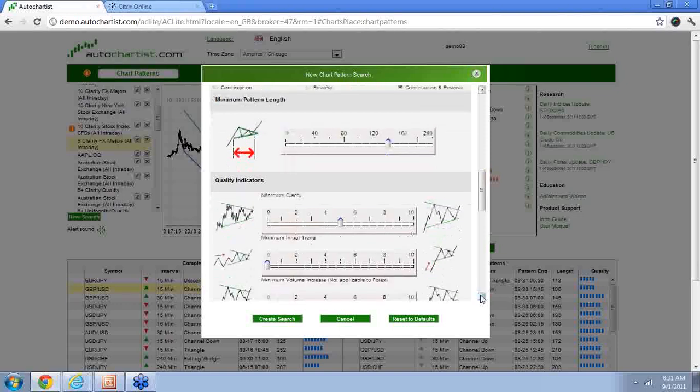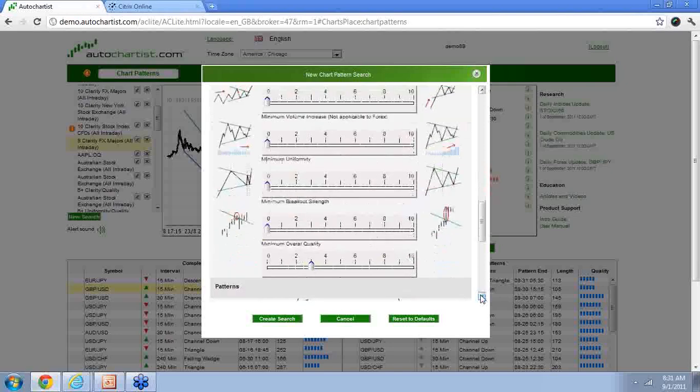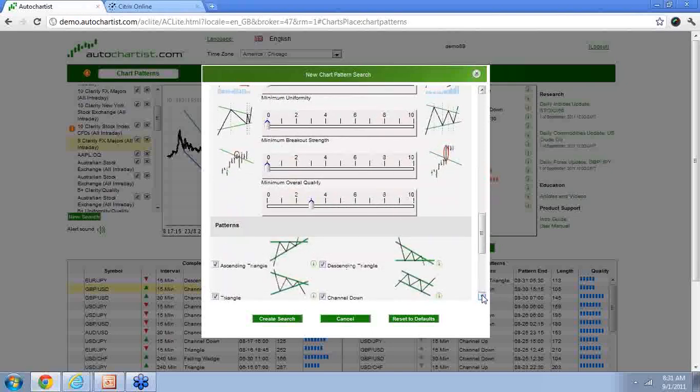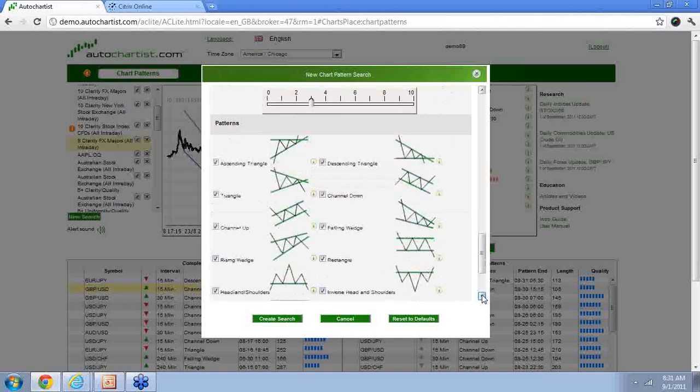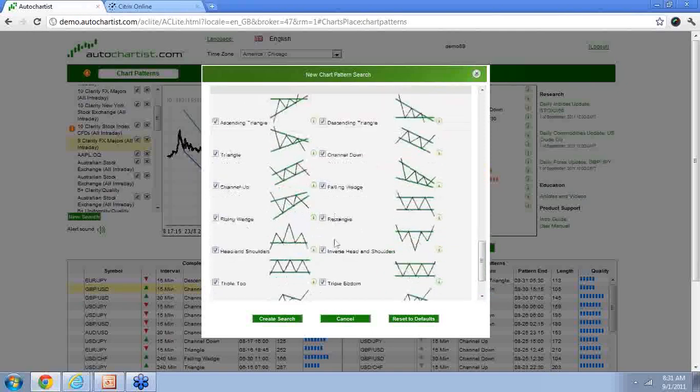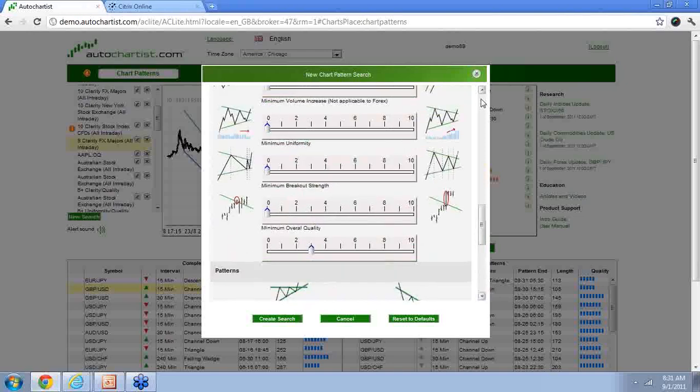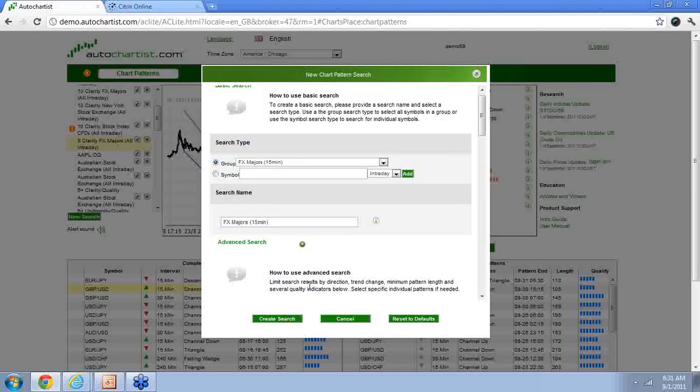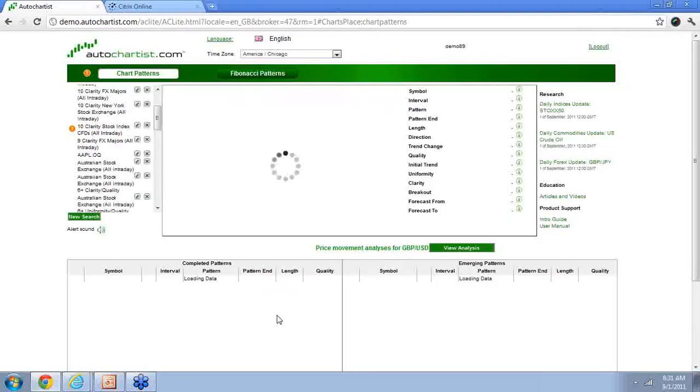I also have the choice to work with other indicators as I see fit, and we'll talk about those at other webinars. But at the same time too, I can deselect or select any chart pattern that I want to look at. So we'll look at them all, and we'll see what comes up this morning for 15-minute Forex majors set at a high time period.